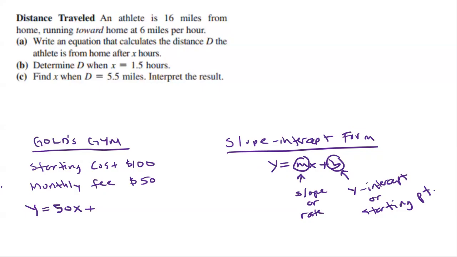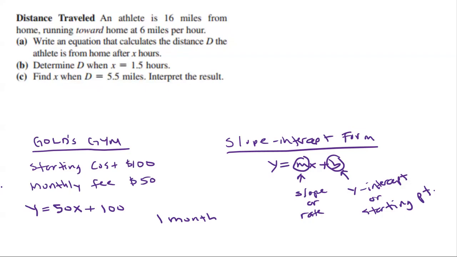What's going to be my y-intercept, or my b? $100, right? Because that's the starting fee. Starting point, starting fee. So this is my general equation. And so let's say month one, how much do I pay after 1 month?